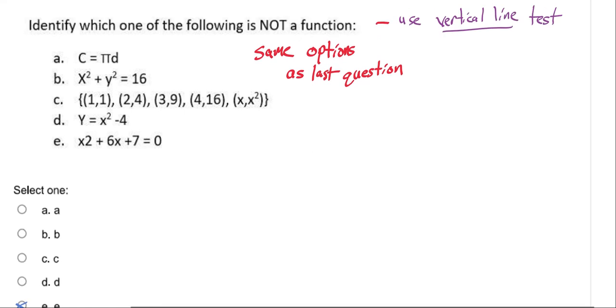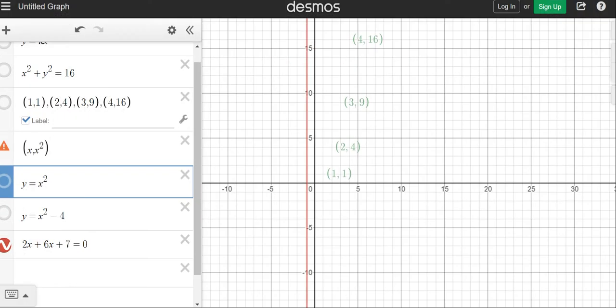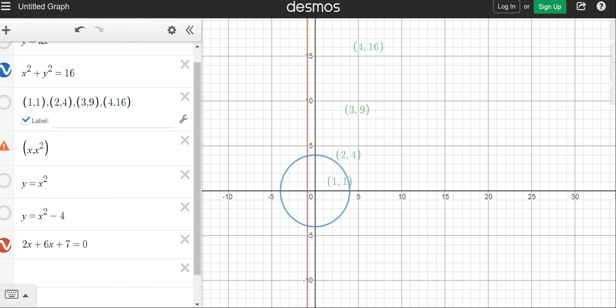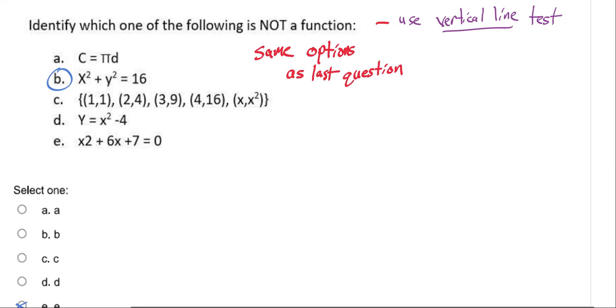But remember, there was also a circle. So a circle is not a function, right? I'll go back to the graph. A circle, this one here, if we drew a vertical line through any point inside the circle, we would hit the circle twice. That's not a function either.